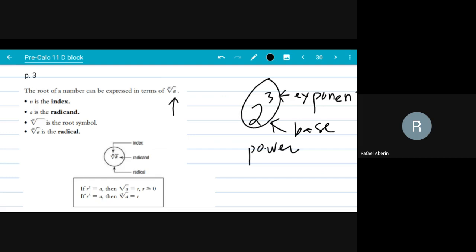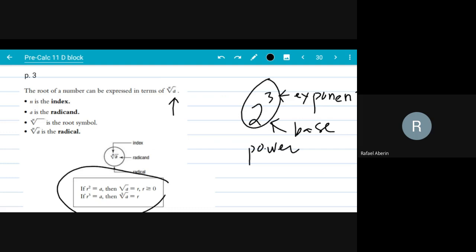This one is called the radical symbol, okay? And the whole thing is called the radical, all right? So the n is the index, the a is the radicand, the whole thing is the radical. The radical is the root symbol plus the index plus the radicand.